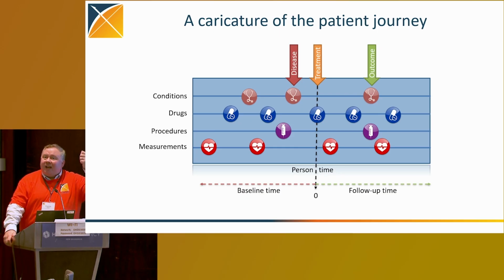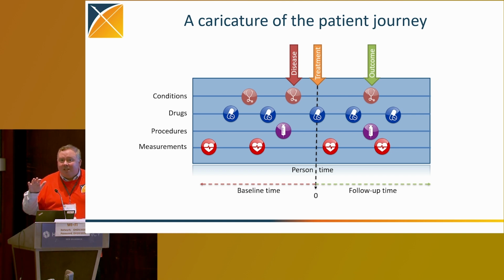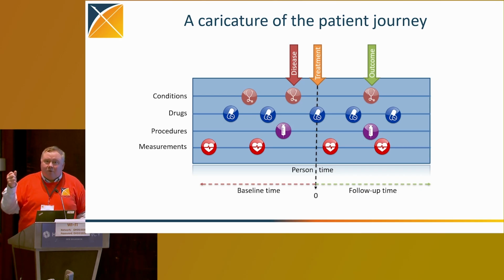And once I index on some specific observation, now I can ask questions like, what diseases do I observe prior to treatment? What outcomes do I observe after treatment? And so being able to take all these longitudinal time-stamped observations and identify some sort of index date now allows you to define an analysis in a series of time windows to study things both prior to and after exposure.